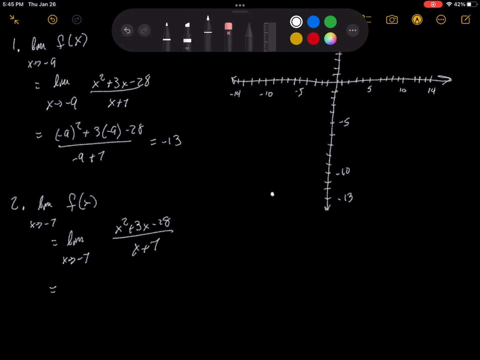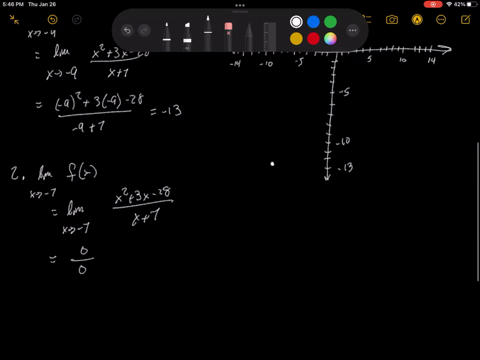If I try direct substitution here, I can right away see that I'm going to get a 0 in my denominator, and you'll also get a 0 in your numerator. If you plug -7 in for these x values, 49 minus 21 minus 28 does give you 0. So we have 0 over 0. It's that indeterminate form. We need to try this again.